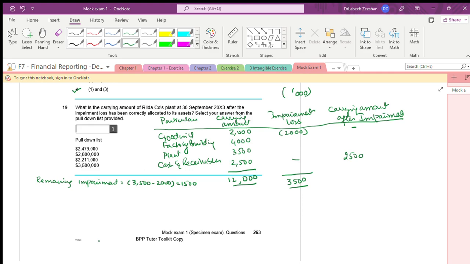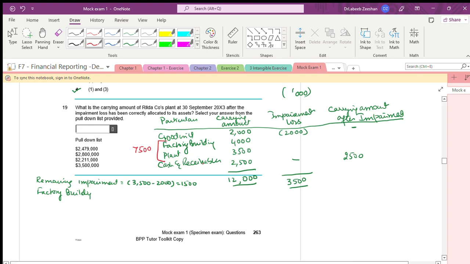1500 into 4000 divided by 7500. Factory building. If you take the total of these two, it is 7500. The impairment loss is 1500.